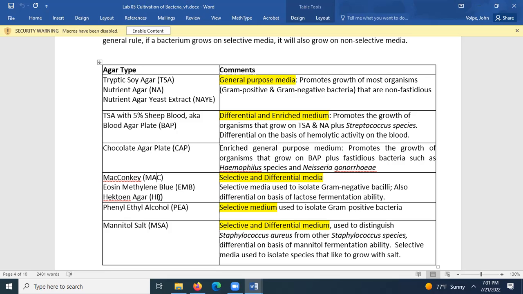PEA, phenyl ethyl alcohol, is a selective media, and it selects against gram-negative cells so that only the gram-positives can grow on the PEA.